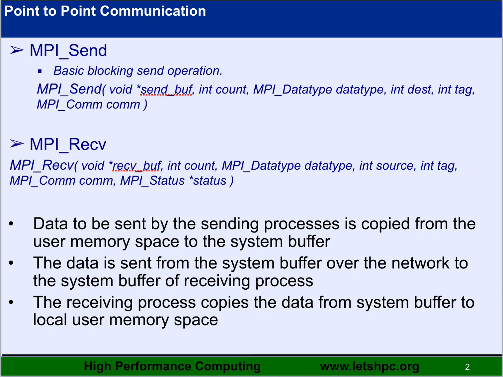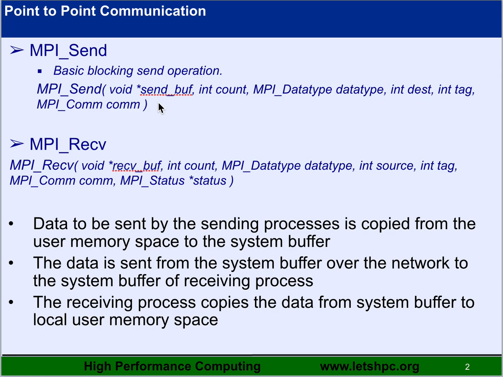Both MPI send and MPI receive are blocking operations. We have already looked into the different attributes which we pass through these two calls. The important point to recall is that data to be sent by the sending process is copied from the user memory space of the sending process to the system buffer.